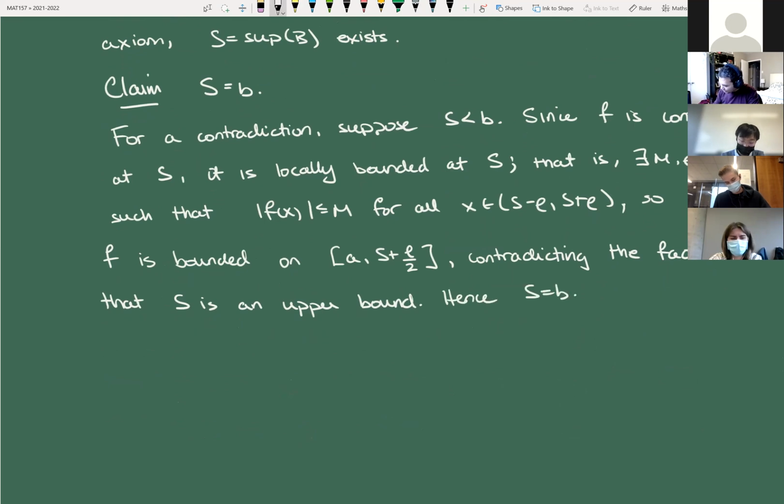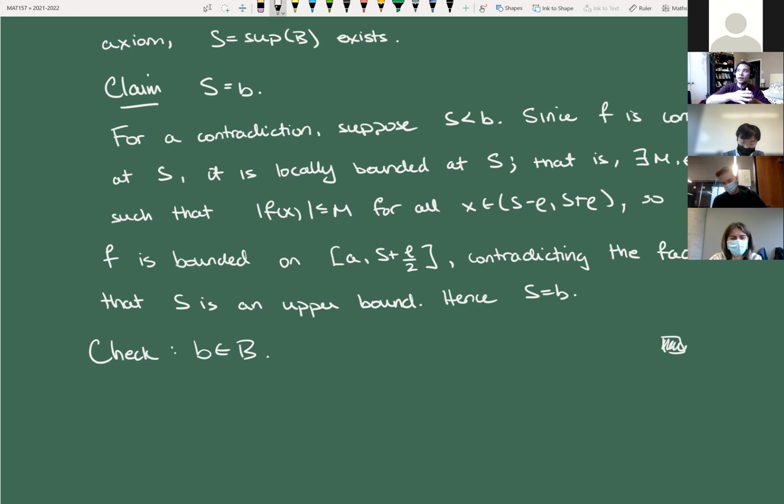And then the last thing that you should do on your own, just check this, it's like 2 lines, is that in fact little b is in capital B. And so we're done. We just need that to ensure that it is actually the whole interval.